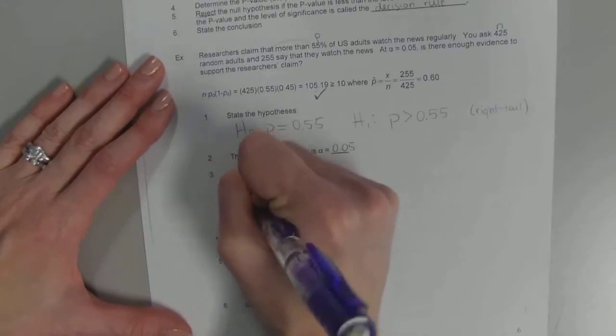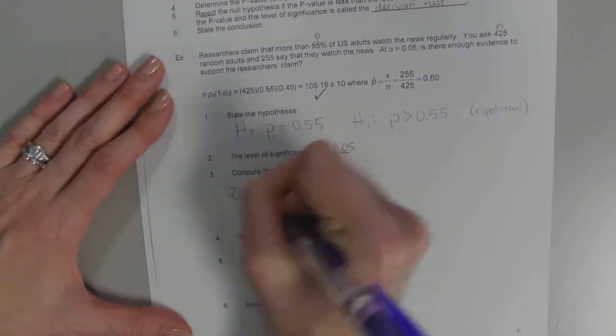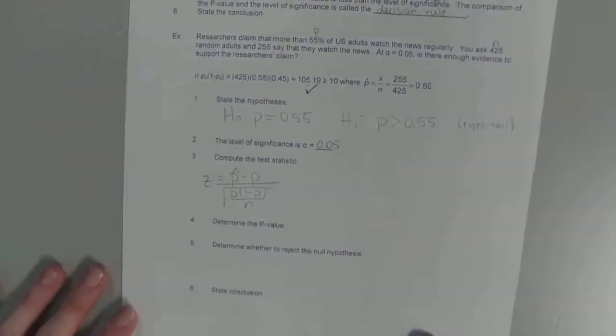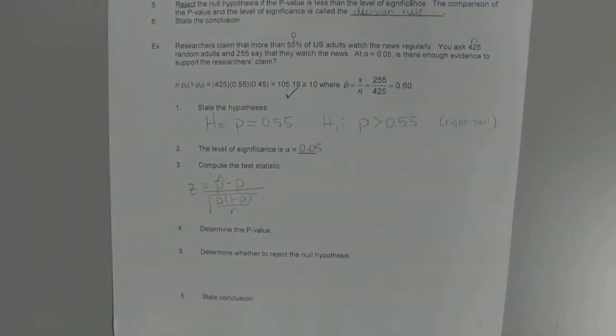So we're going to do z equals p hat minus p over the square root of p times 1 minus p all over n. I'm writing the generic, that way you just know where things are going. I don't put the little knot because I just know it's my population proportion. So I don't worry about the little knot. And I'm just going to fill in what I know. I've basically labeled everything already.